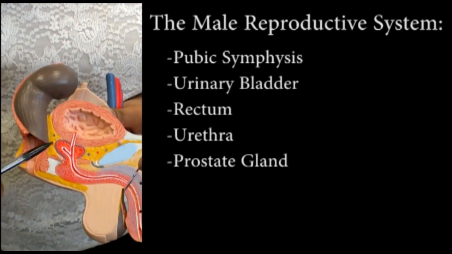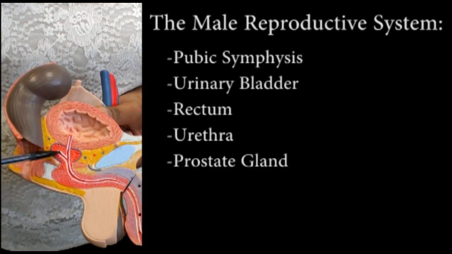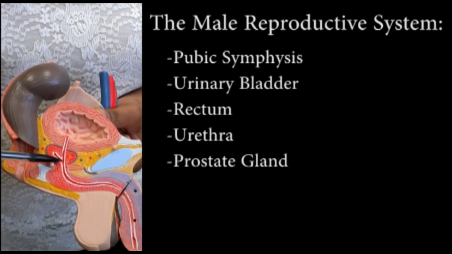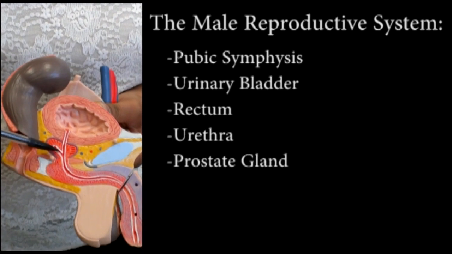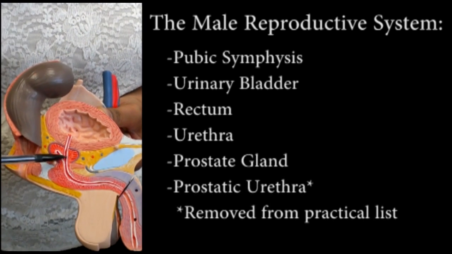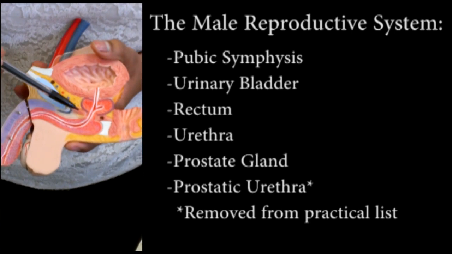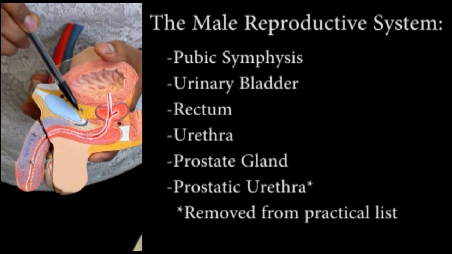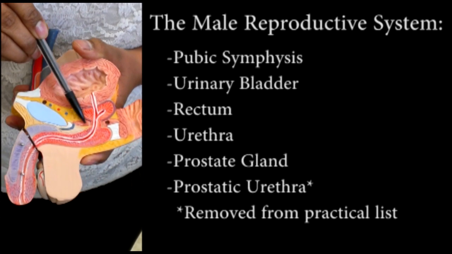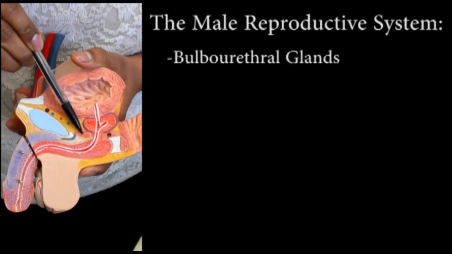So you see that directly off of the prostate is another structure called the prostatic urethra. So they both combine. There's another vesicle here depicted right there called the bulbourethral gland.